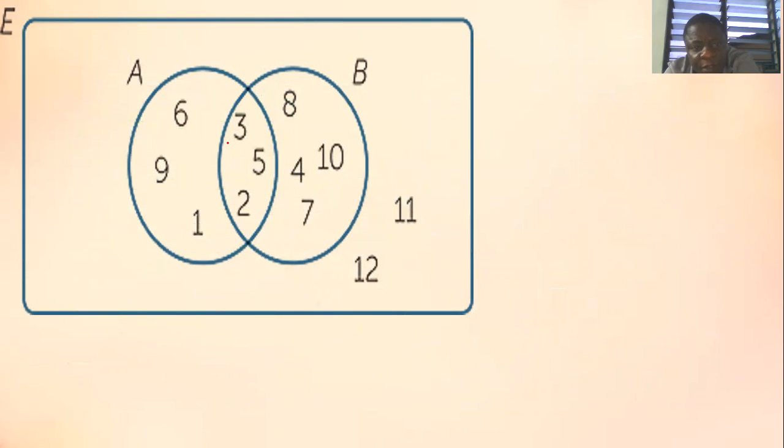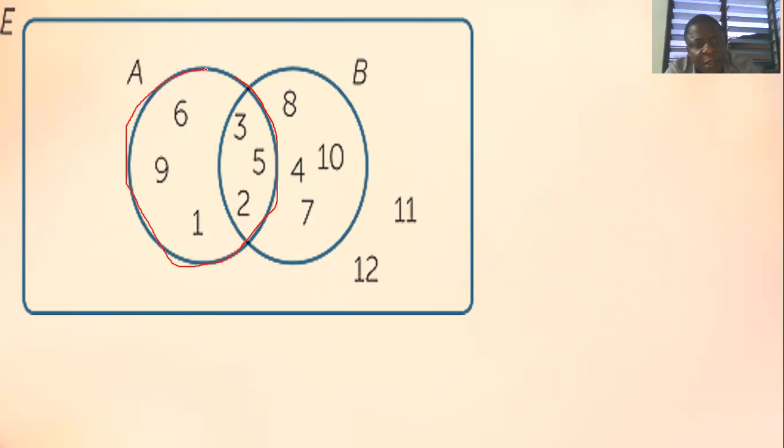So similarly, we can relate what we just discussed to this diagram here, where we have A containing all the members in this loop or this circle.